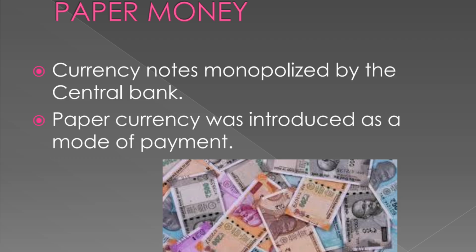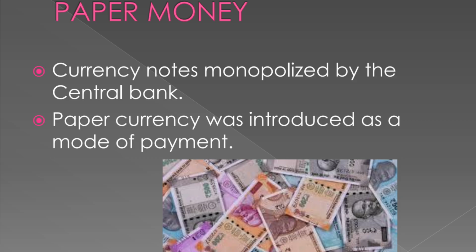Paper money. Paper money is a substitute for metallic money. Paper money is also known as banknotes. It is a type of currency made from paper, used as a medium of exchange for goods and services. Paper currency is issued by the government and central bank of a country.